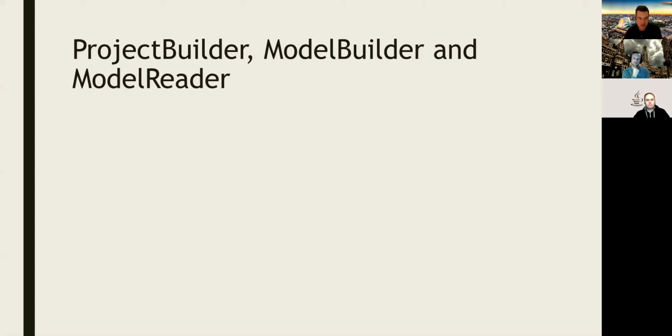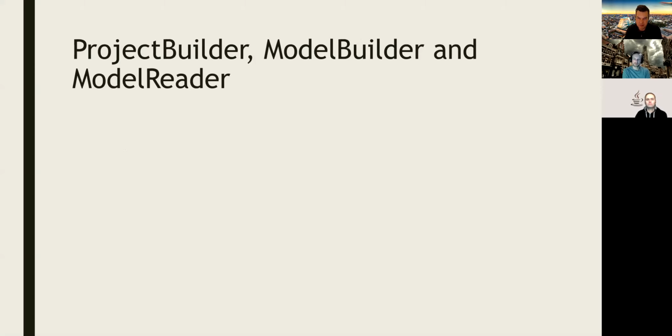So the whole thing about building your multi-module project is about these three classes. You have a project builder that's responsible for reading the POM file and then seeing which modules are part of it, and then again reading those POM files again.